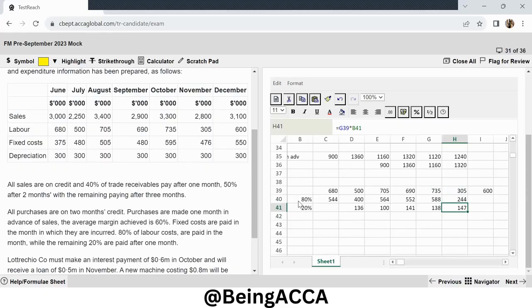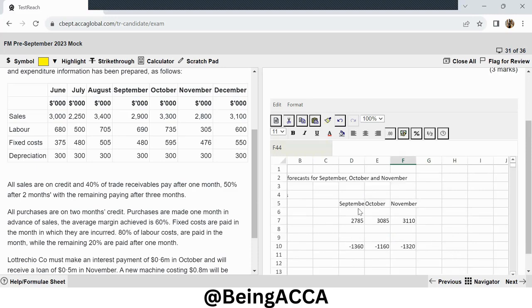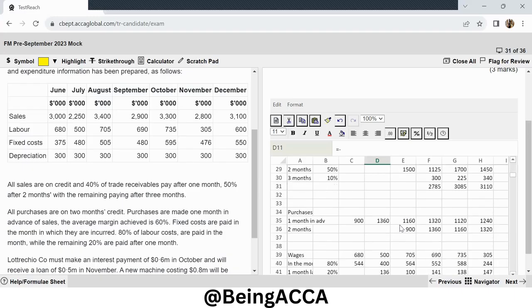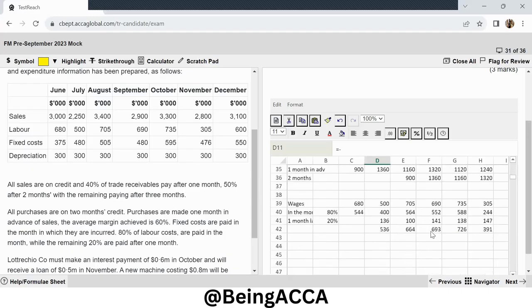So I can just total my wages over here. So the outflows will be nothing but the sum of these two figures, right? I can just copy this formula, right? So for the months, I have 693, 726, and 391. So I will just link my workings over here, equals minus, and this is for the month of September, 693, yes.